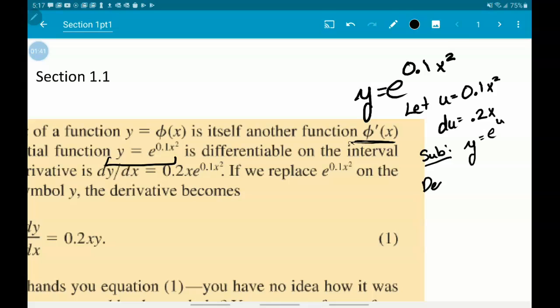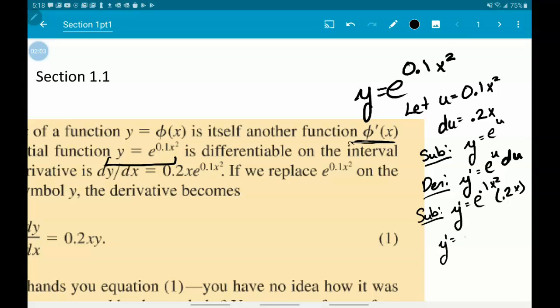Then we would take the derivative. The derivative would be e to the u times du, and then we would back substitute. So then our derivative is 0.2x times e to the 0.1x squared.